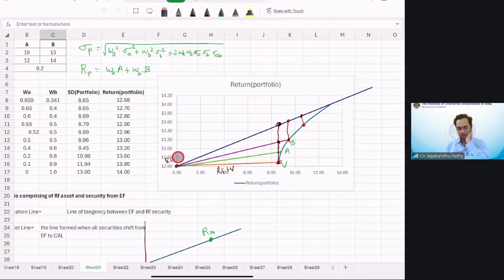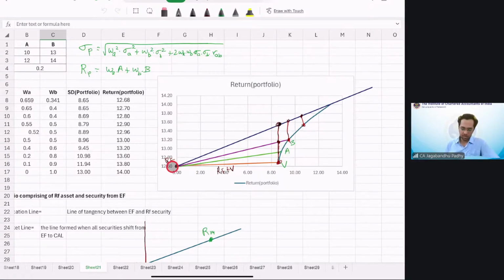Okay, so if you're combining, let's say, risk-free security with A, then you will get a line like this, wherein the position over here is going to indicate 100% investment in risk-free, and the position over here is going to indicate 100% investment in the security A.